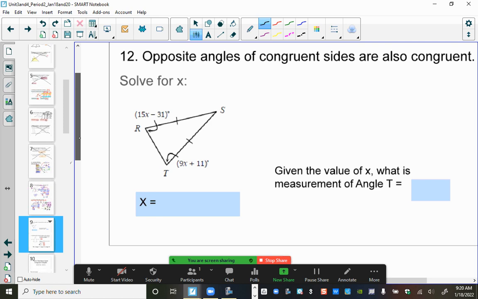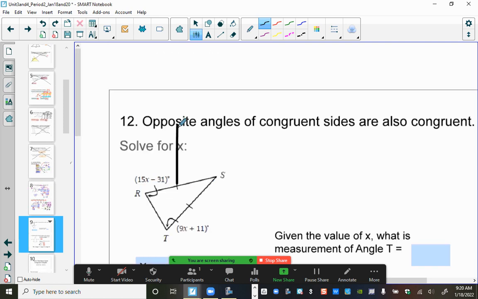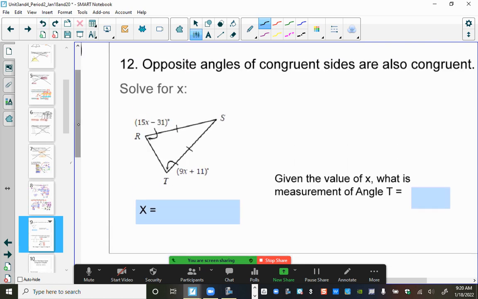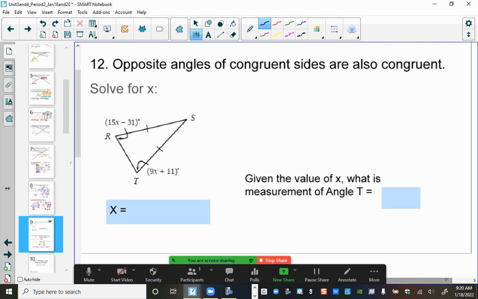Okay, just like before, you have congruent sides. Opposite angles are congruent. So what do we know about the relationship of these two angles? Yeah, they're congruent.